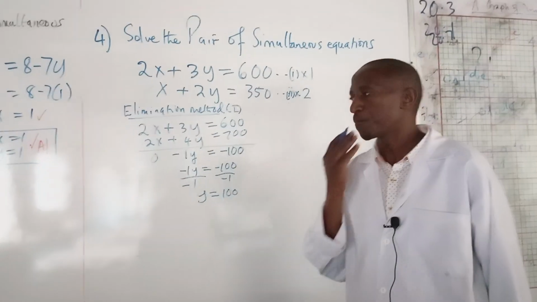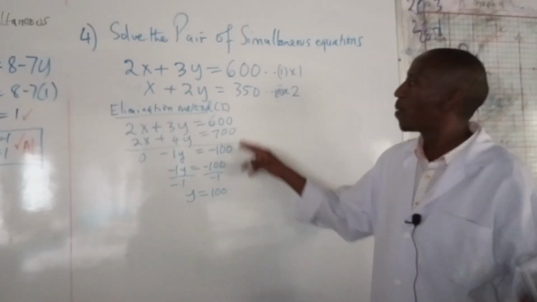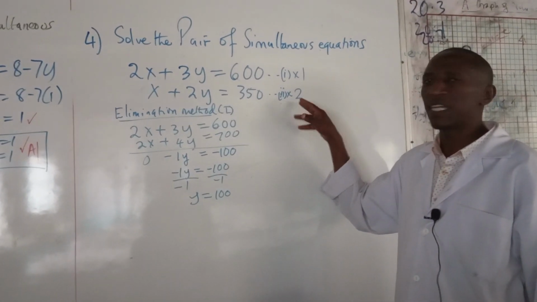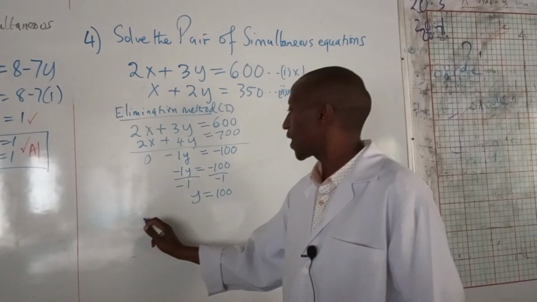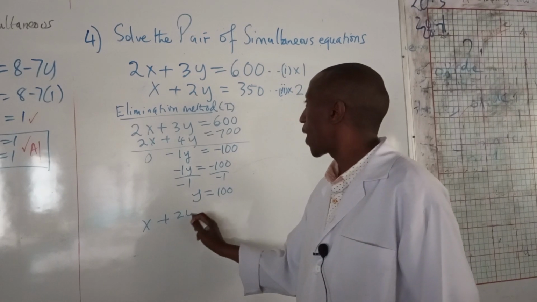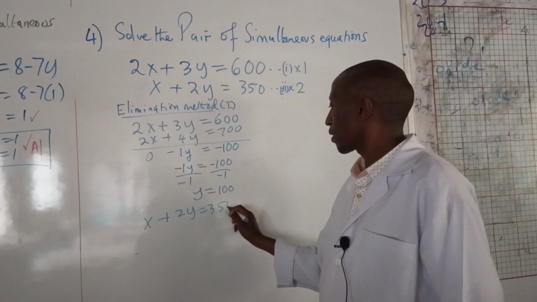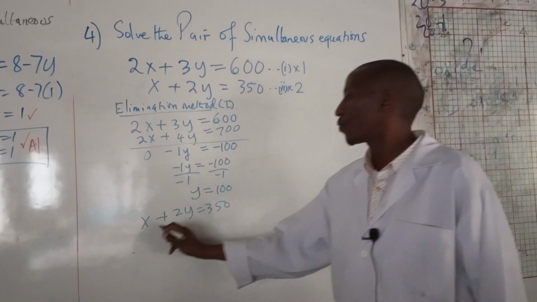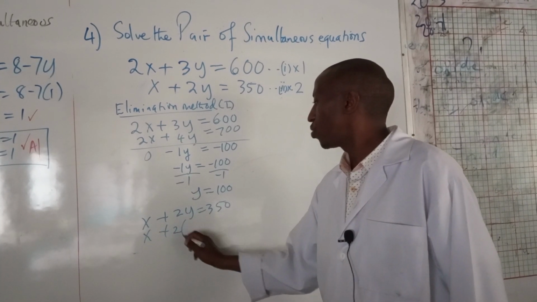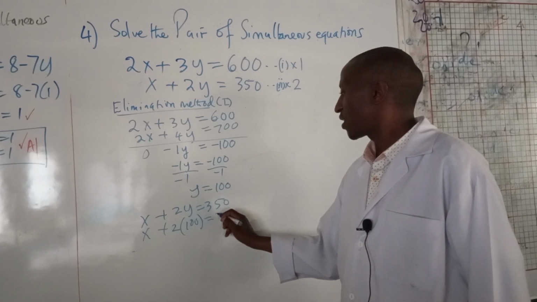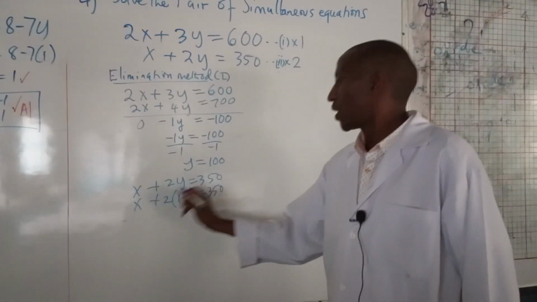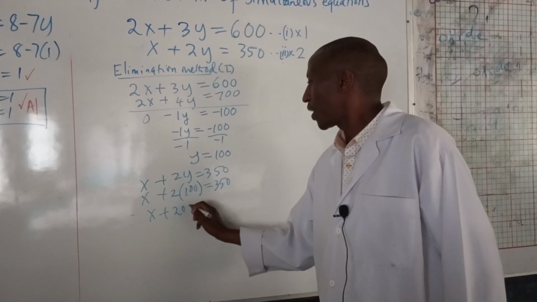Now with that, we can go back to one of our simple equations and find out the correct value of x. So we get that x plus 2y is 350. We have the value of y, so we put it in here as 2 into 100. That gives us x plus 200 is 350.